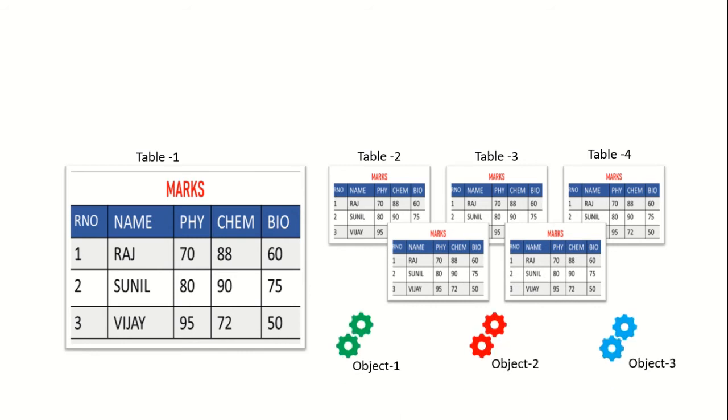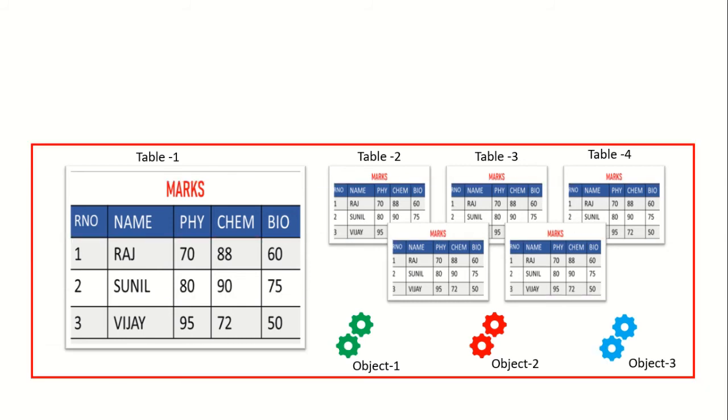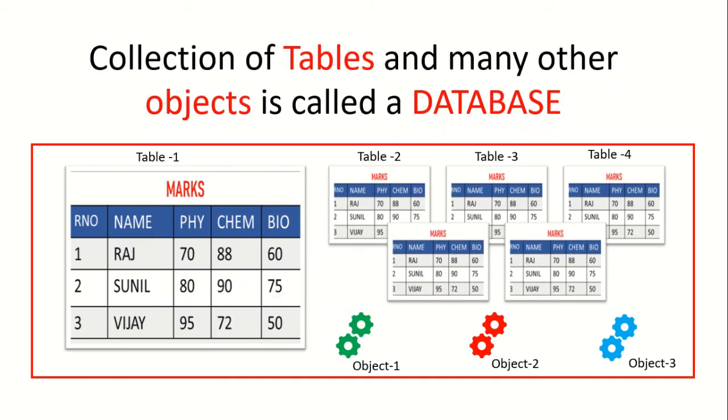Now what is an object? For example, the different objects may be, say, views, synonyms, stored procedures, etc. We call them objects. Table is also an object. So we can have n number of tables and objects. Collectively we call it a database. So a database is a collection of tables and objects.